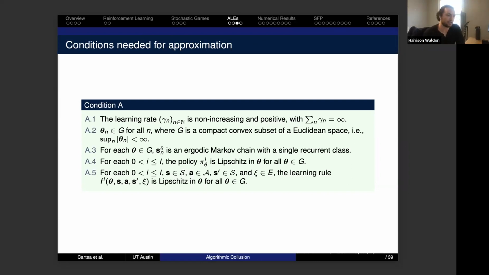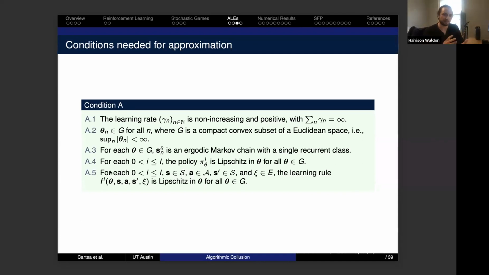The proof of approximation also relies on compactness. We'll need that the parameters all stay in a compact convex set. I should say, the example that we'll consider of Q-learning, we show that Q-learning under the softmax action selection satisfies all of these properties.